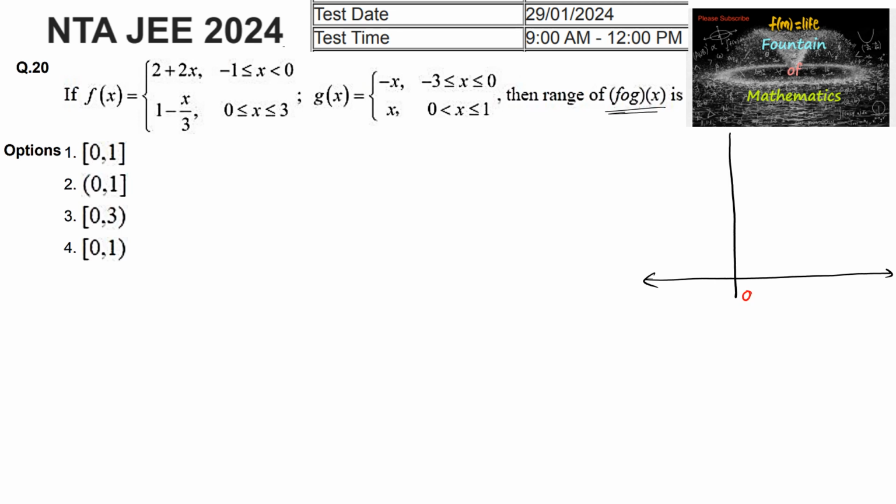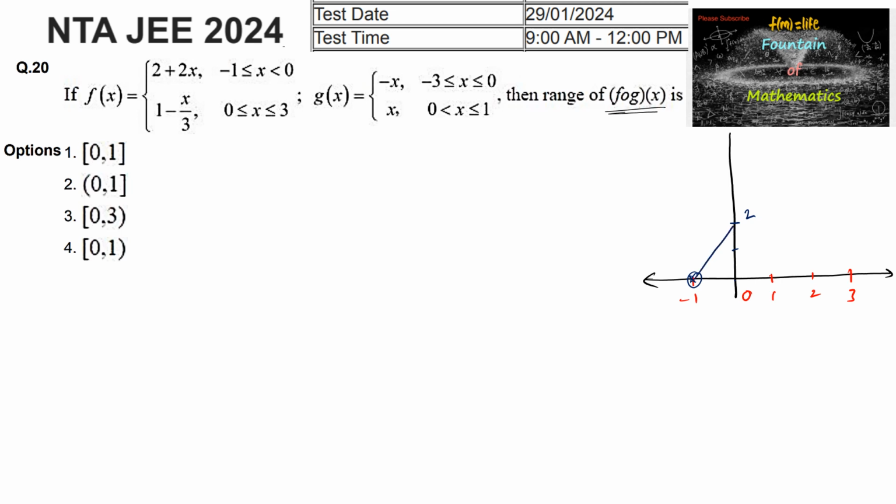we can see that from minus 1 to 0 and again from 0 to 3. From minus 1 to 0 the graph is 2 plus 2x. At x is equal to minus 1 we will be getting 0, and at x is equal to 0 you will be getting 2.